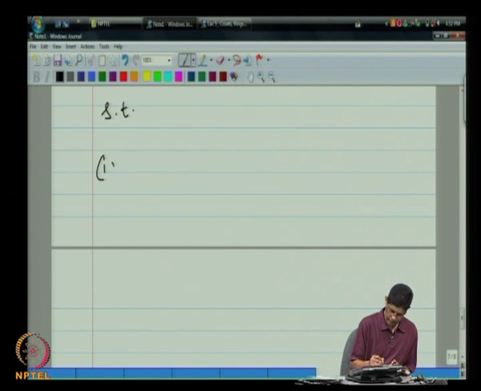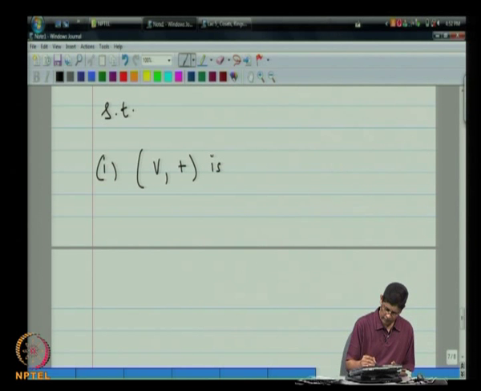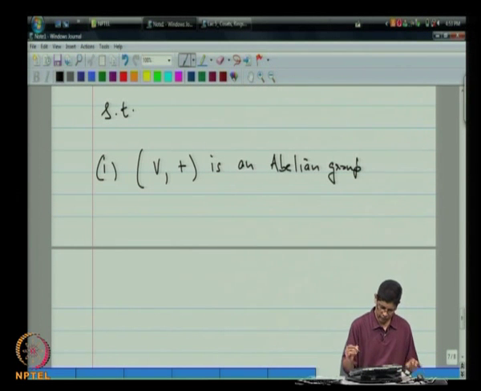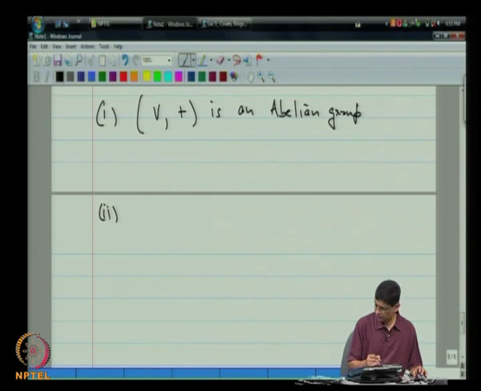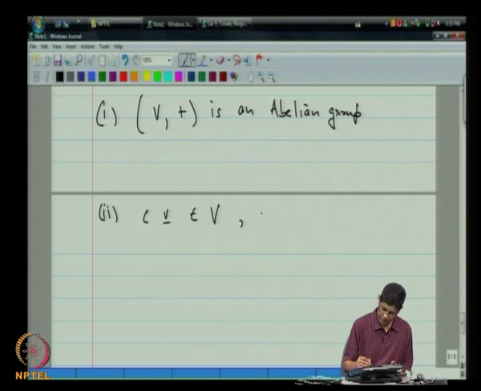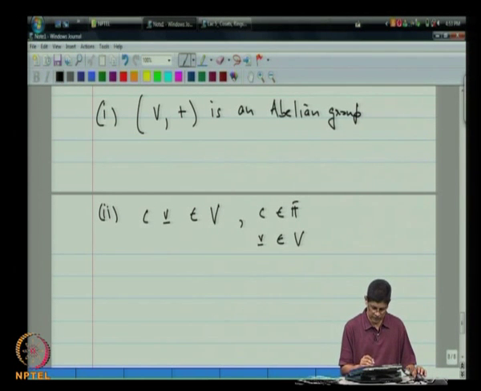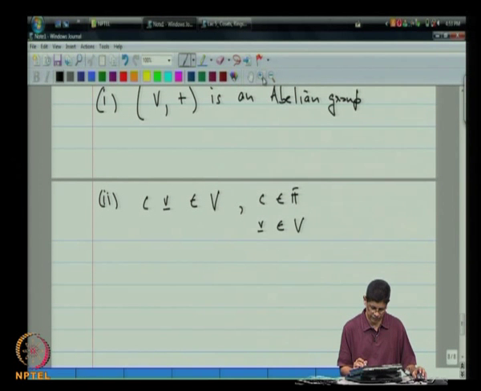One, (V, +) is an abelian group. Two, c times v is in V for c in F, v in V. So, there is a distinction between the capital and the lowercase v.